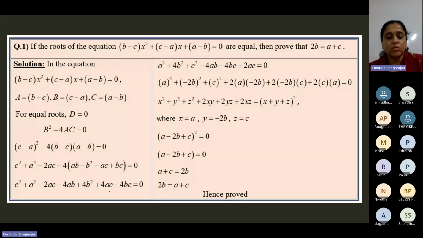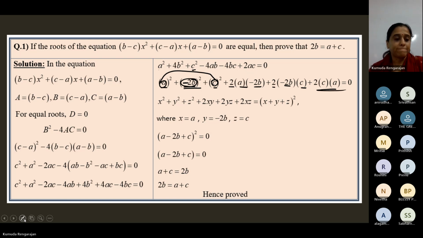So a square is a the whole square. 4b square is 2b the whole square, but it's minus 2b the whole square, which is plus 4b square. And then this one is c the whole square. So this is x, this is y, and this is z. So 2 into x into y, a into minus 2b; 2 into y into z, minus 2b into c; 2 into x into z, a into c, or c into a.